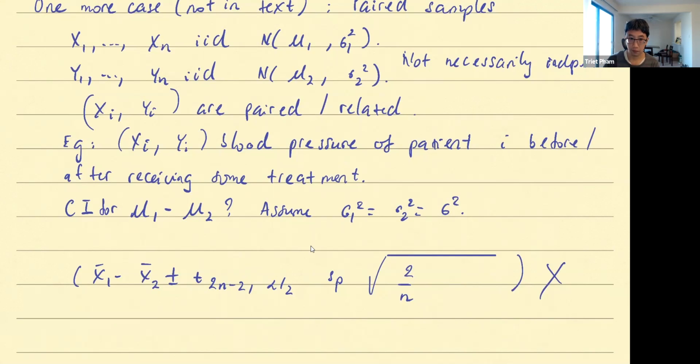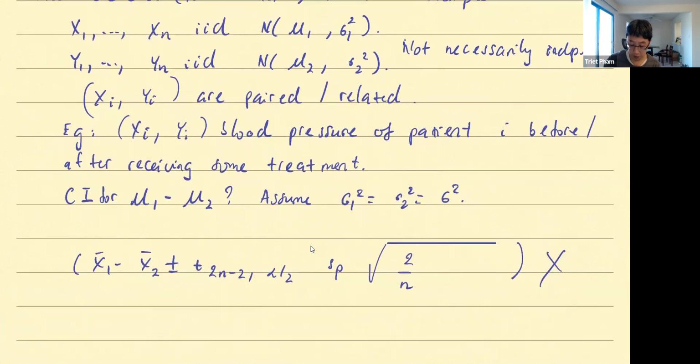The right approach is to construct a third sample. You want the difference, so just construct the difference. This means the pharmaceutical company measures the difference in the blood pressure of the same patient.